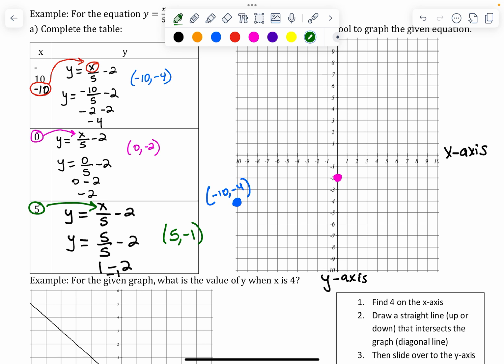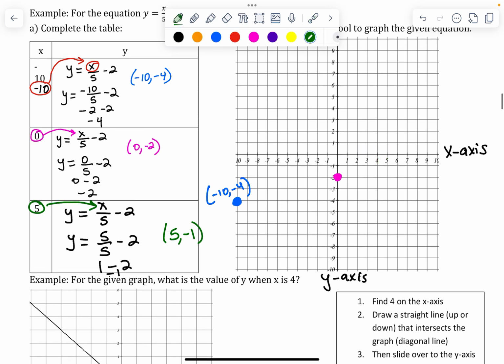We're going to go over to 5 on the x-axis, 1, 2, 3, 4, 5, and go down to negative 1, and that is going to be our point. So now you see we've got a straight line here passing through those 3 points.